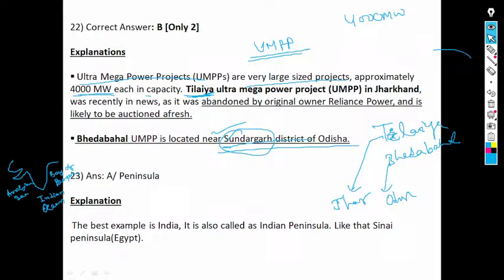Three sides. Simply, the best example is Indian Peninsula. Like that, the Sinai Peninsula is also in Egypt.